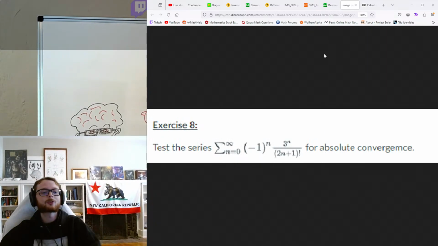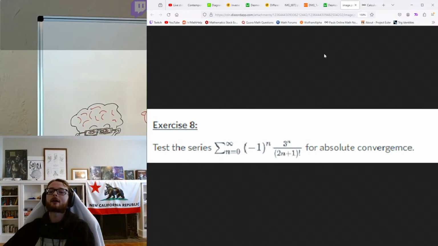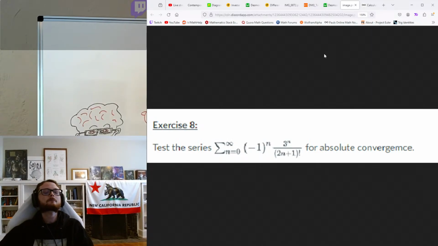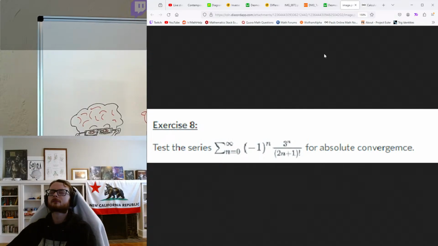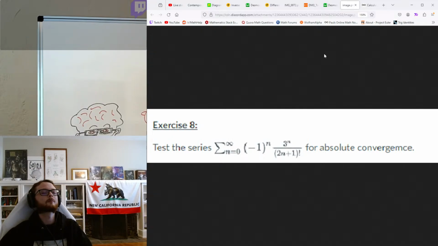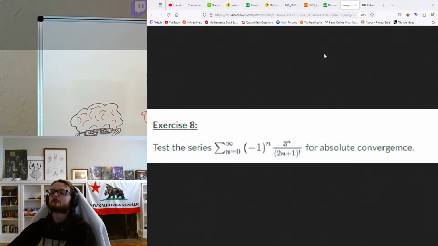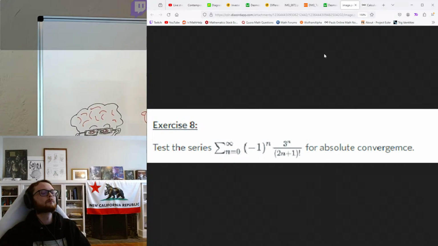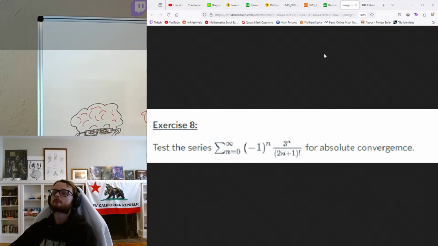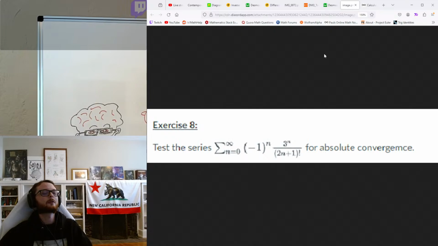How do we do this without the ratio test, or the root test? I don't think the root test will even help anyway. We have a factorial.